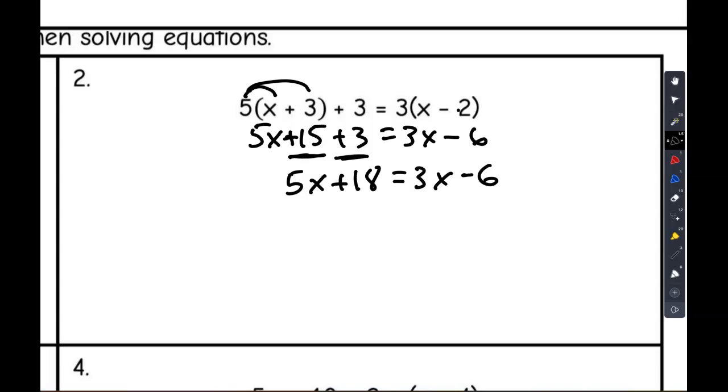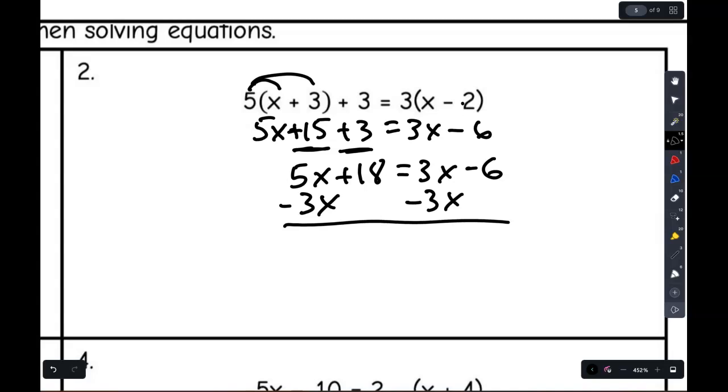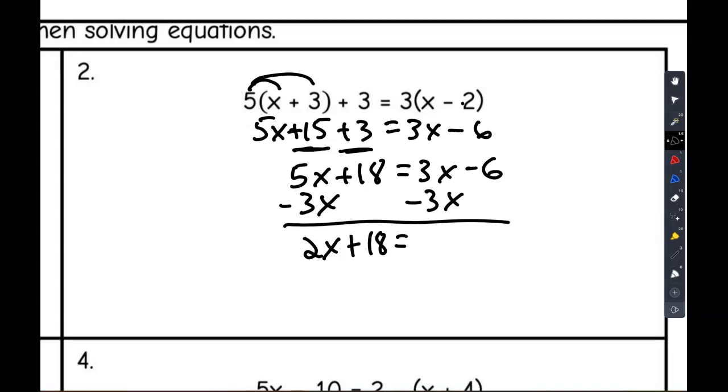Letters to the left, numbers to the right. Subtract 3x on both sides. 5 minus 3 is 2x. Bring down 18. Equal to, this will cancel out, leaving negative 6.